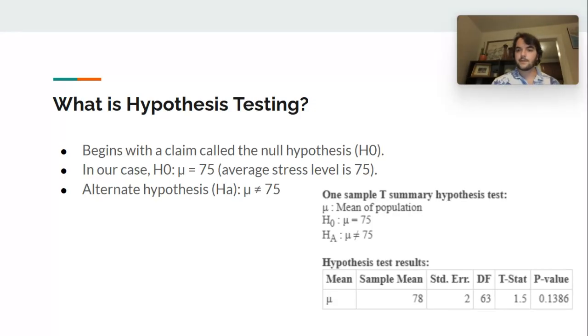And through this method, we find out if it's true or not. So in our case, the null hypothesis is 75 for our average stress level of the students. Our alternate hypothesis is not equal to 75. And this down here is my little graph I made in StatCrunch too.